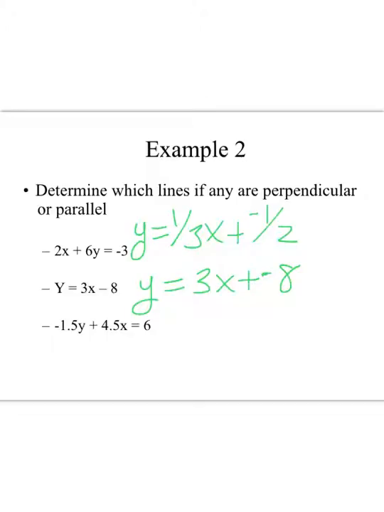I'm going to divide that by negative 1.5. And I get 3. So y equals 3x plus 6 divided by negative 1.5 would give me negative 4. That 2x is not negative, that 2x is positive, which would make that negative 1/3. Okay.